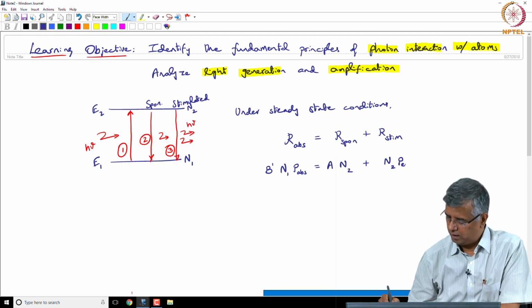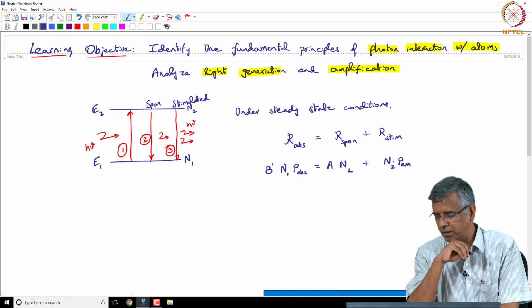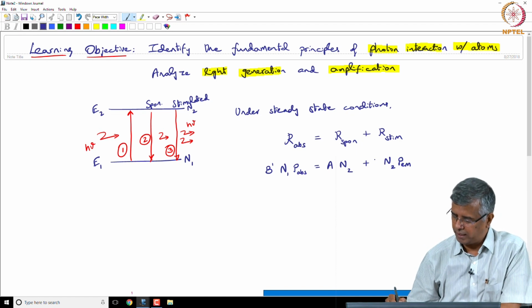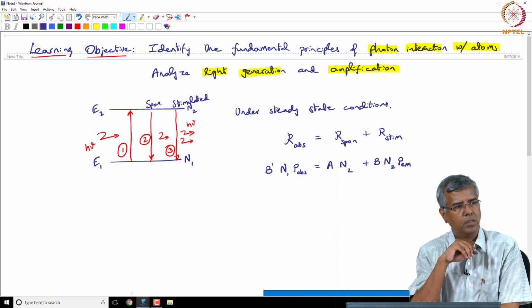It emits with a certain probability density that we can call P EM, right, and that also happens at a rate, let us say it is proportional to B.